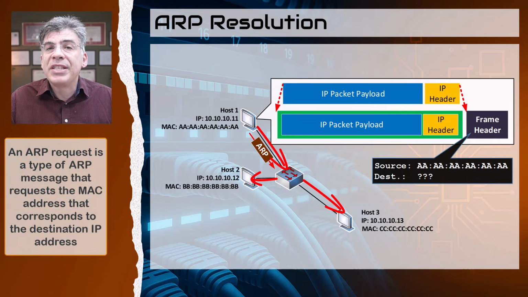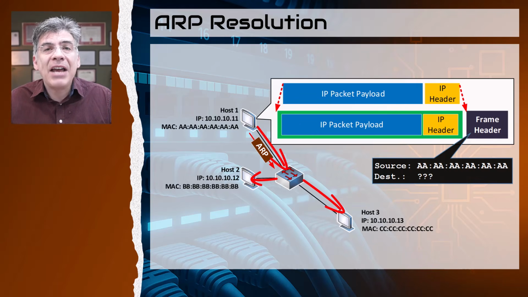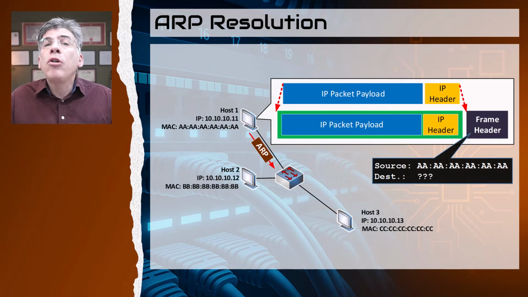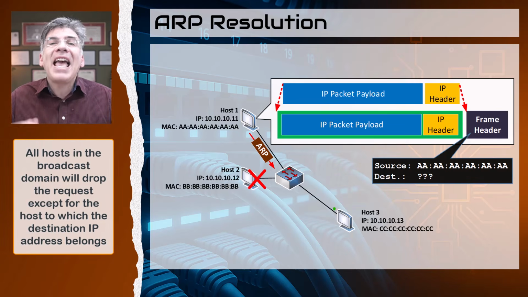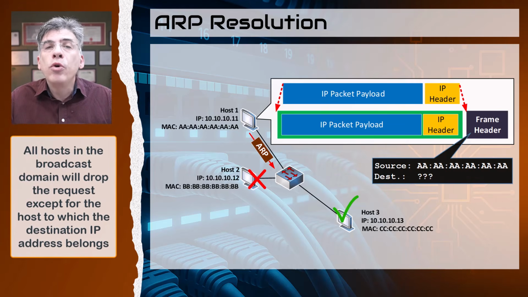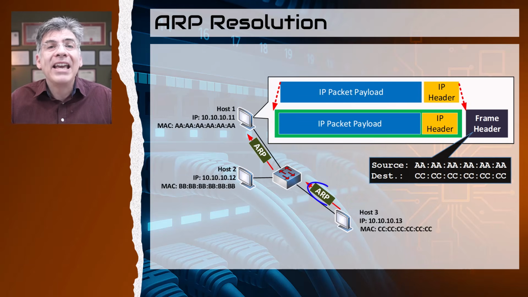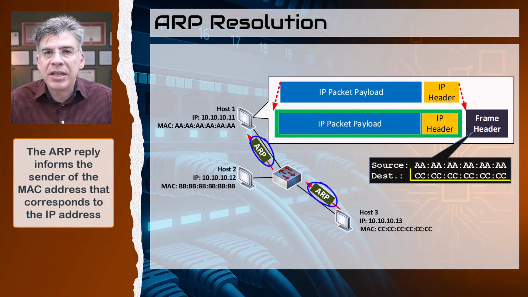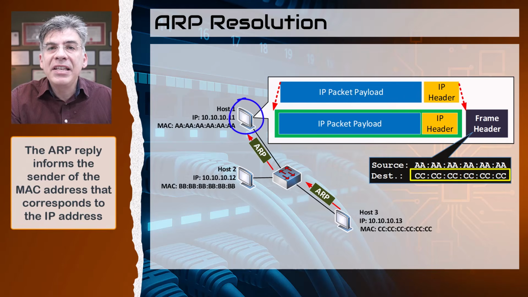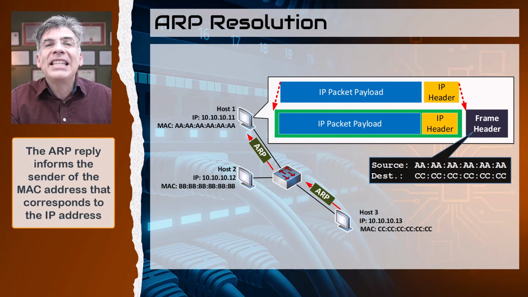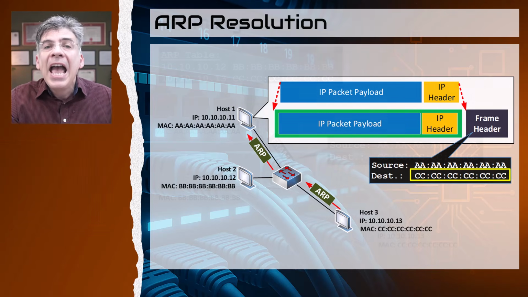All hosts will receive it and will check the IP address that is being requested. All hosts will discard this ARP request except for the host to whom it belongs. That host will respond with an ARP reply containing its own MAC address.